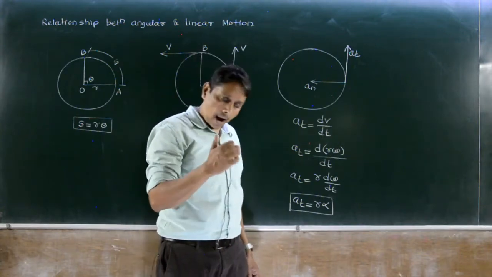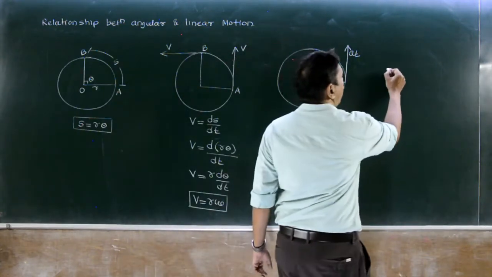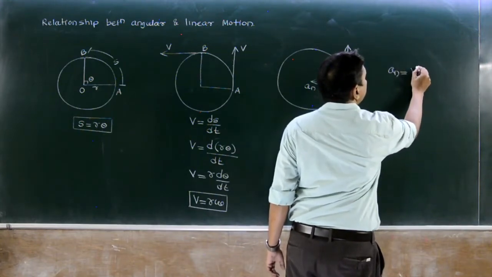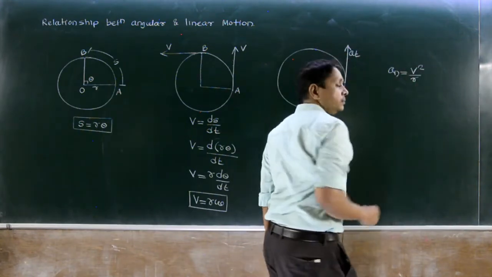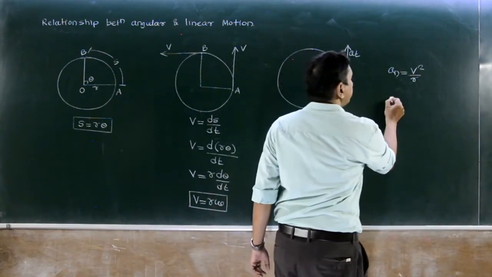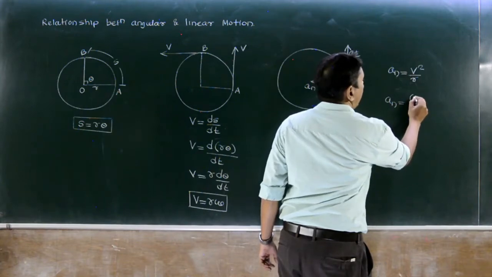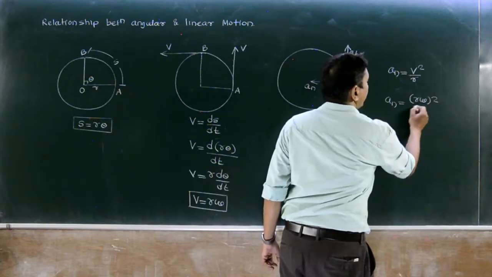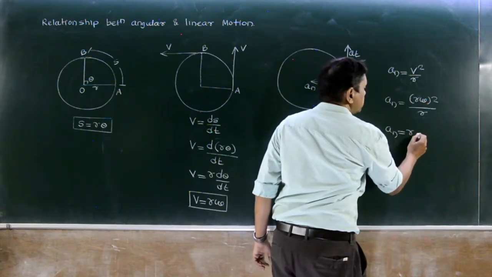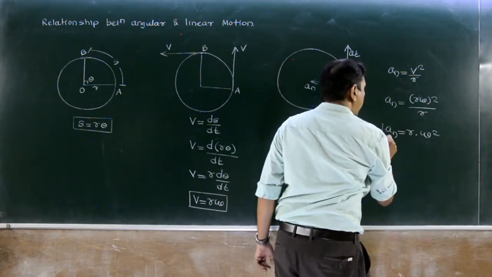We also have the expression for normal acceleration, v square by r, which we are going to derive as well. Since v is r omega, this is r omega square by r, one r gets cancelled, and the relation is r into omega square.